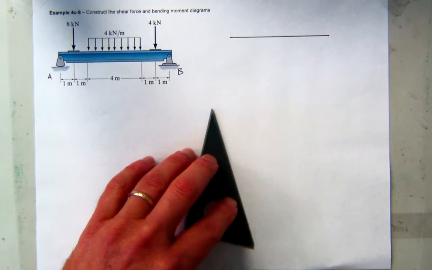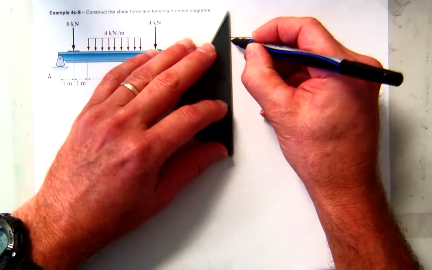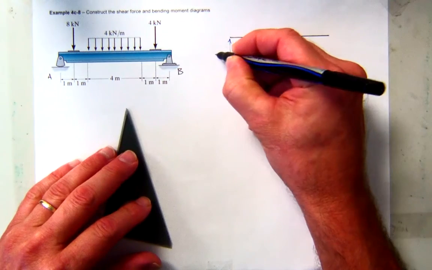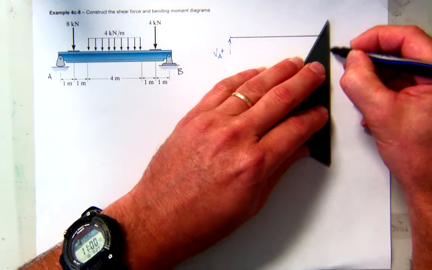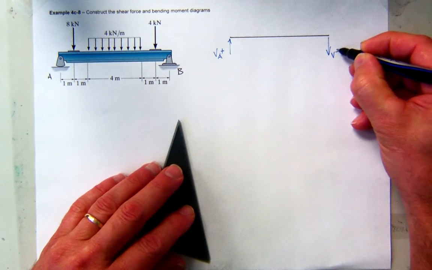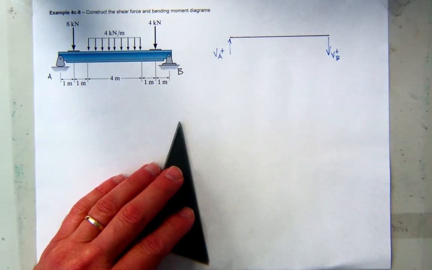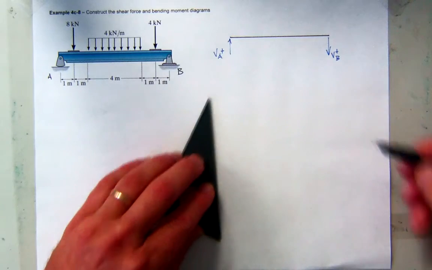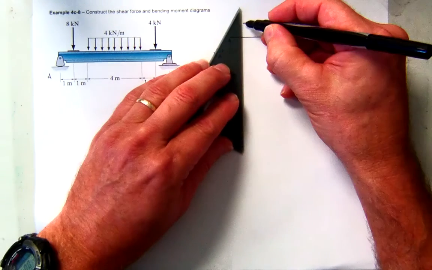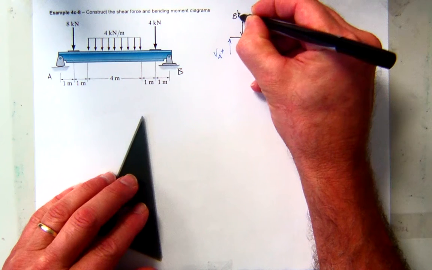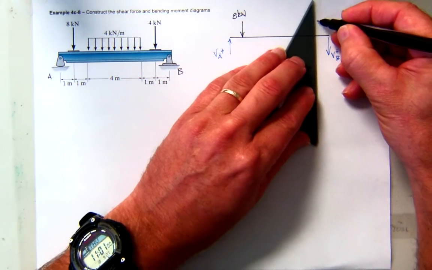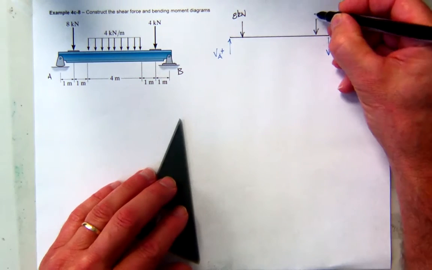And I will put positive shear at A and positive shear force at B. And then up here, I'll have on the left side an 8 kilonewton force, and on the right side a 4 kilonewton force.